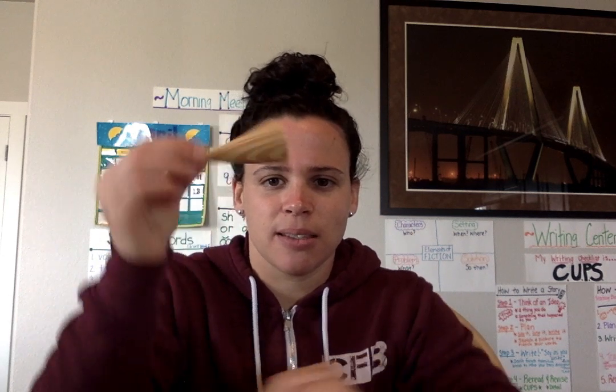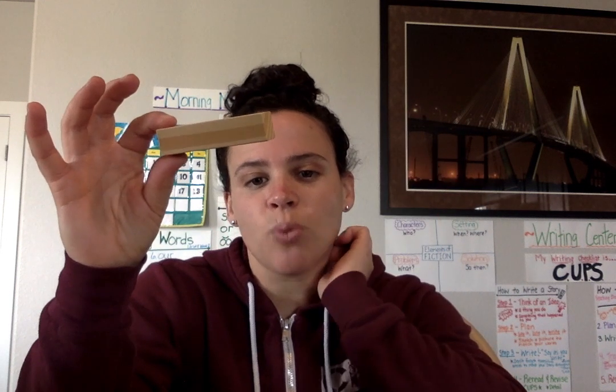What about this? If you said cone, you are correct. Say cone. What about how you take a cube and you stretch it and it makes a rectangular prism? If you said rectangular prism, you are correct.